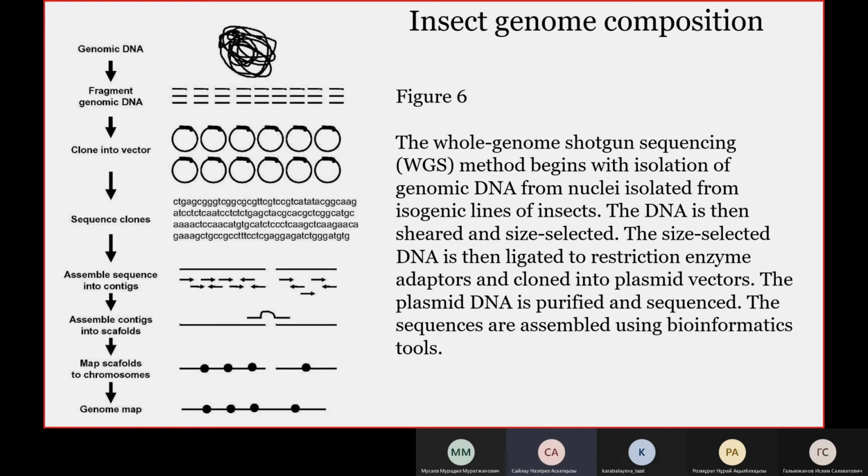Currently, 1,119 insect genome sequencing projects have been registered with the National Center for Biotechnology Information, including 401 that have genome assemblies, and 155 that are annotated with protein coding genes.